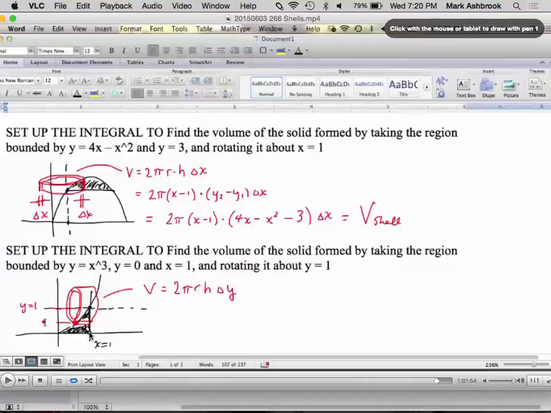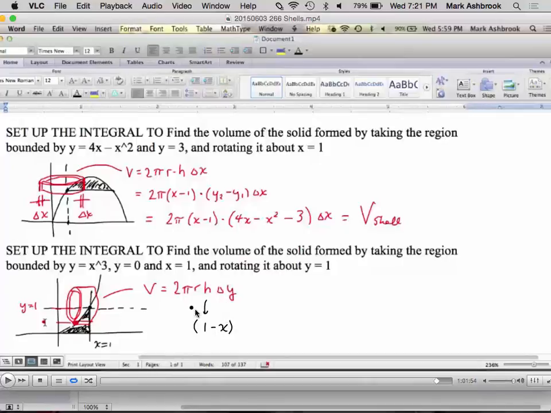It's always 1, right? And x1 is the x coordinate of the curve. So your height is going to be 1 minus x. I think I get it, because once you're doing delta y, you have to change x to be in terms of y. That's right.